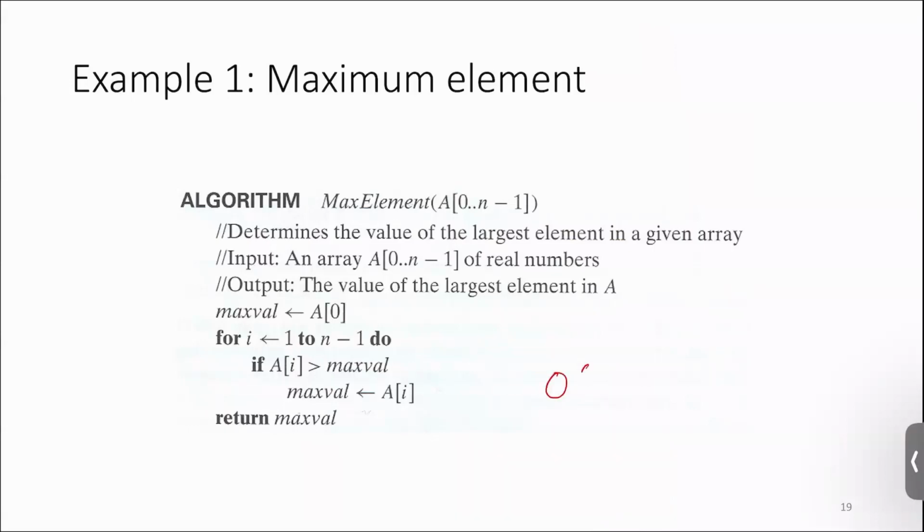It is going to be O of n. Why? There is only one loop, which is going from 1 to n. No matter if it is n minus 1, I is going from 1 to n minus 1. And what I am going to do is perform the comparison. Based on the comparison, this operation will be performed. So the comparison, the if condition, is my basic operation, which is 1. So when you solve this, it's going to be O of n.